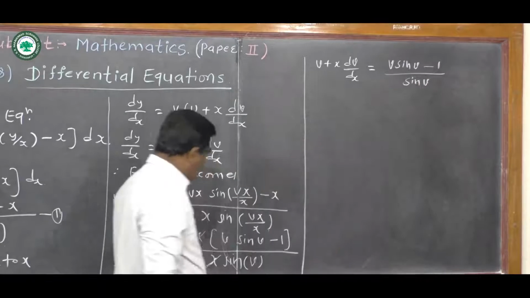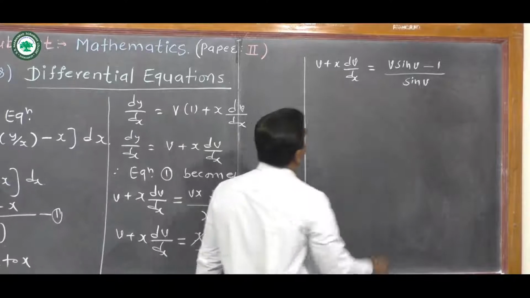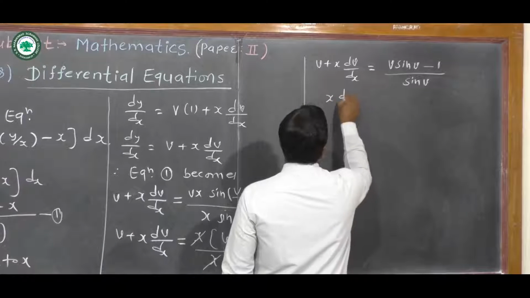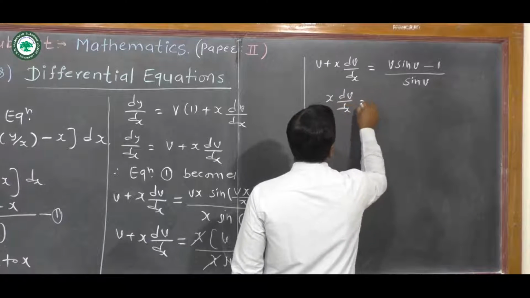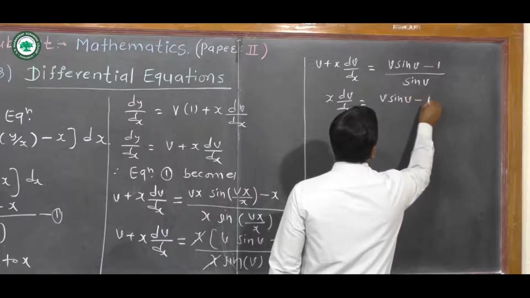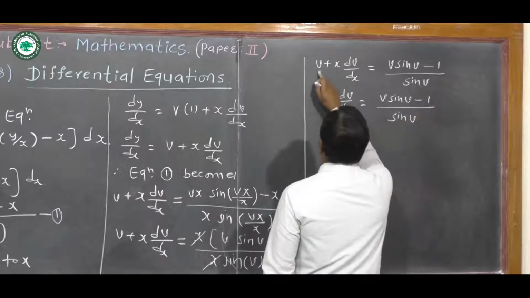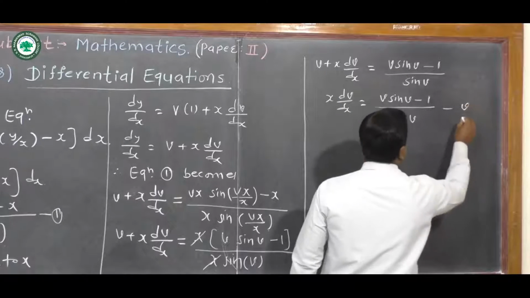Okay, now take terms of v to the RHS. Take this v to the RHS. Then we can write x into dv by dx is equal to v sin v minus 1 upon sin v as it is, minus this term v.